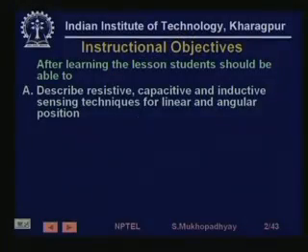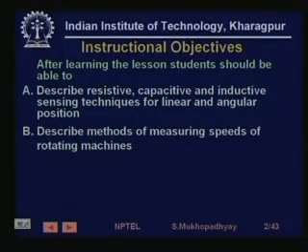After that we can employ standard signal conditioning circuitry for sensing these changes. We will learn about the signal conditioning circuitry in another lesson. Right now we will show how the motion actually translates into changes of resistance, capacitance or inductance. So, that is the second.